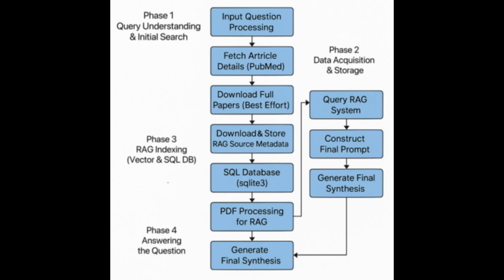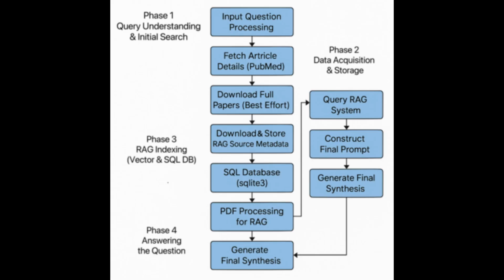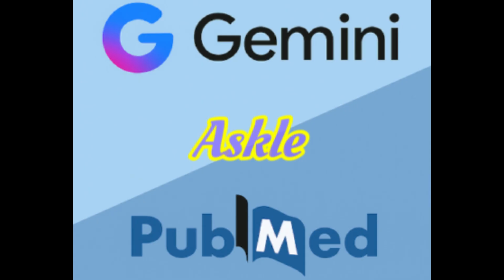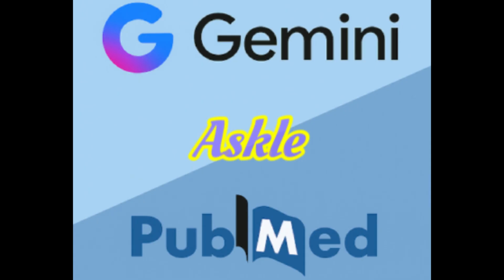Okay, that referencing part sounds really important. How is it structured to actually achieve that? It's built in four main phases, a modular design, which is quite handy. First is query understanding and retrieval, basically figuring out what you actually asked and where to look. Second, data acquisition and storage, so finding and grabbing the relevant stuff, abstracts, guidelines, that sort of thing. Third phase is RAG indexing and embedding. RAG stands for Retrieval Augmented Generation.